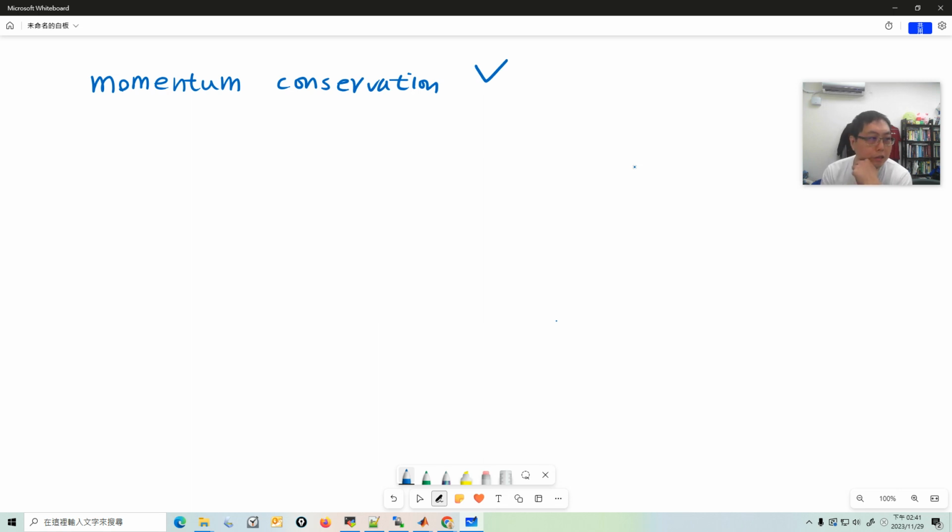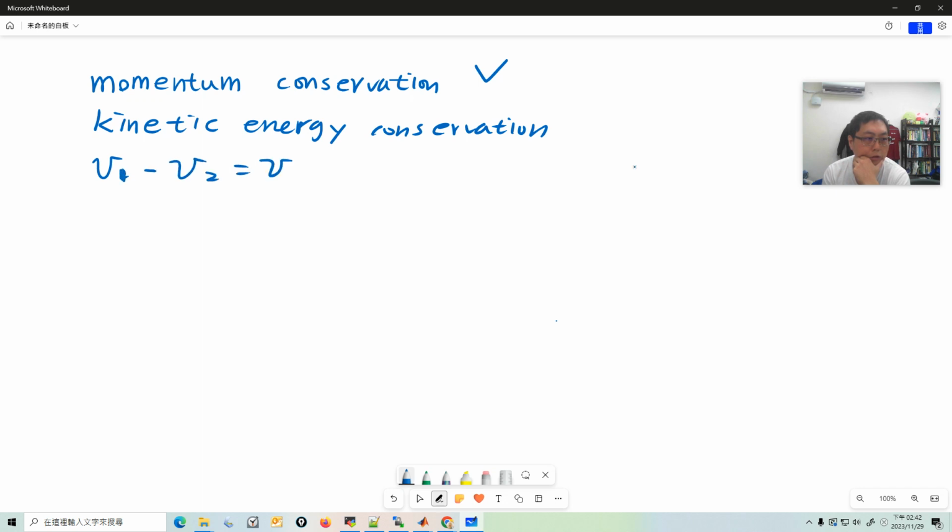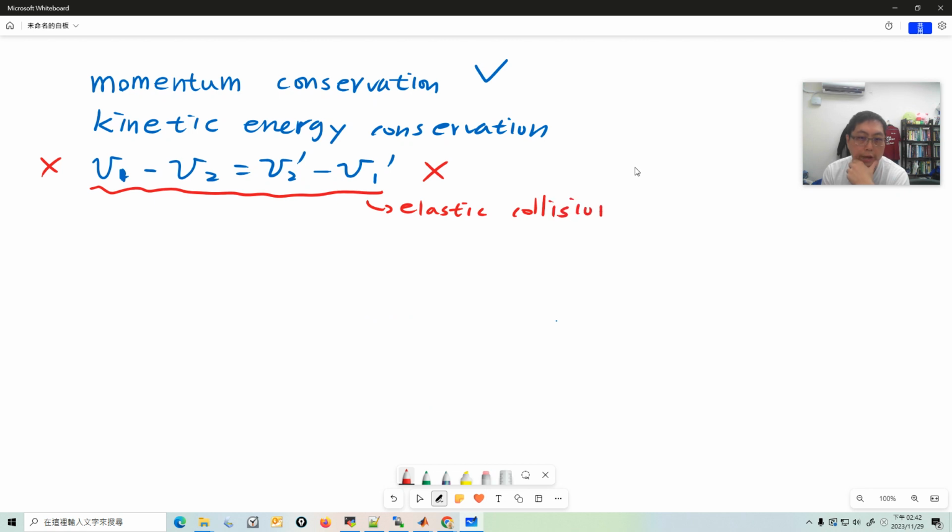The second one is kinetic energy conservation. And the other tool is v2 minus v1 equals v1 prime minus v2 prime, but apparently we cannot use this one this time, because this equation is for elastic collisions, and the problem says it's not an elastic collision.